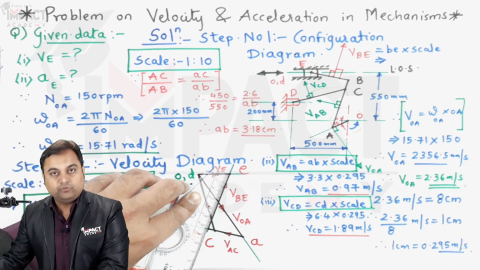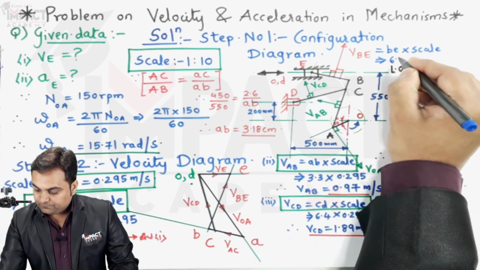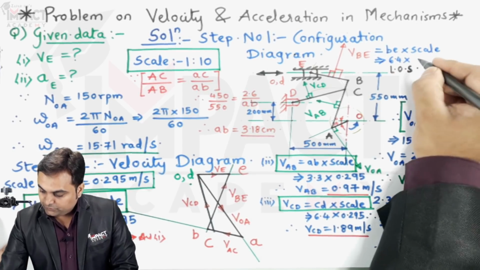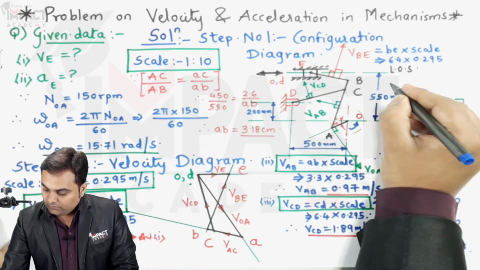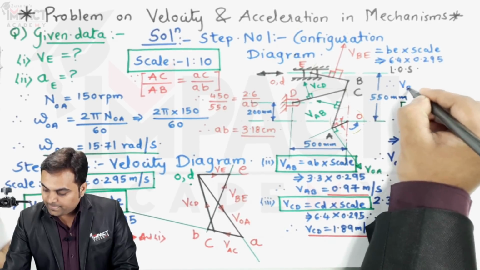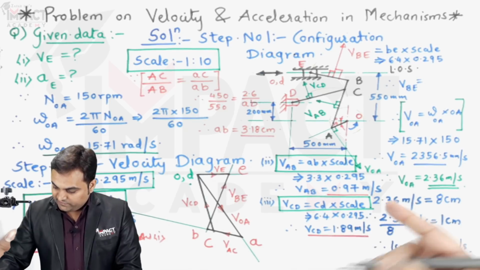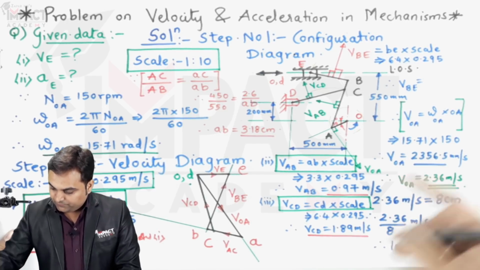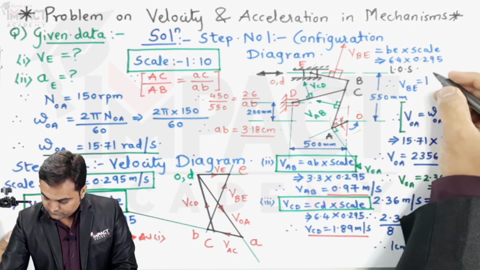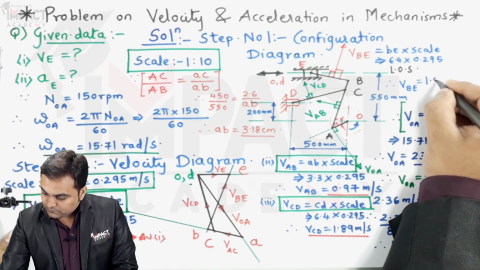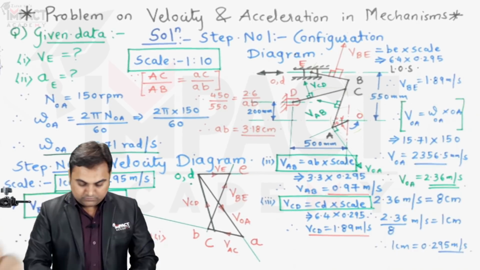This also comes out to be 6.4 centimeter into scale 0.295. So therefore VBE, or velocity of link BE, is same as CD, which is 1.89 meter per second.